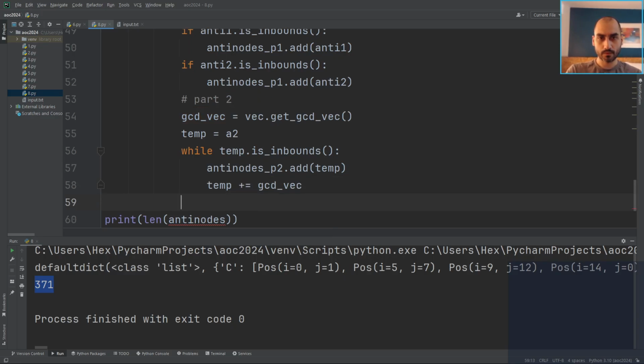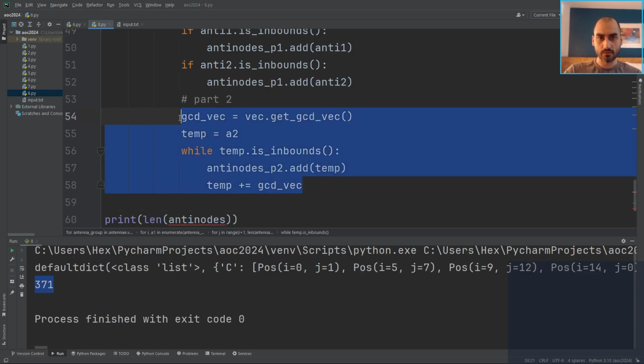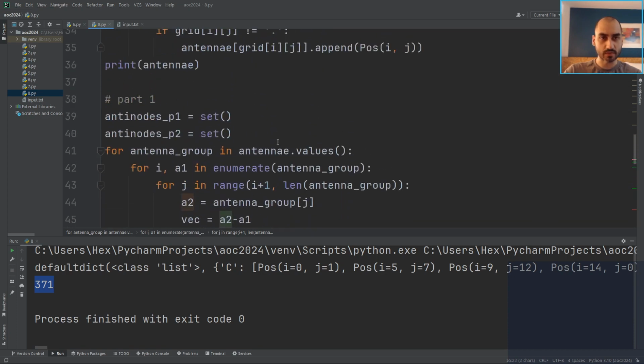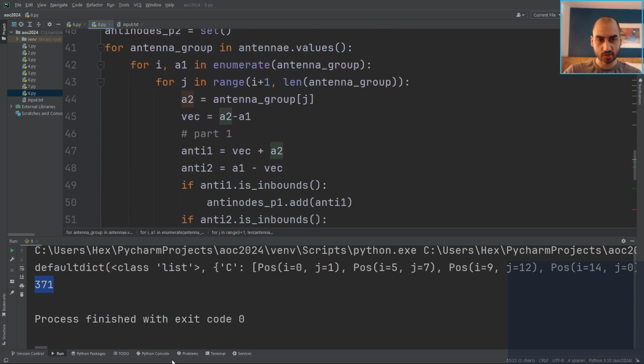And then just do the whole thing again, but from A1 backwards, so this should get us A1 and A2 as well, because we need both of those. Let me look at the description again, make sure I've understood this correctly. Any grid position exactly in line with at least 2 antennas of the same frequency, regardless of distance.